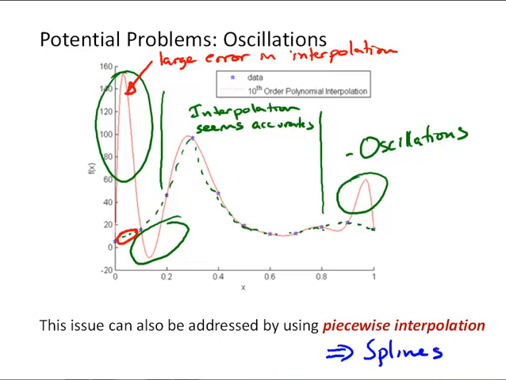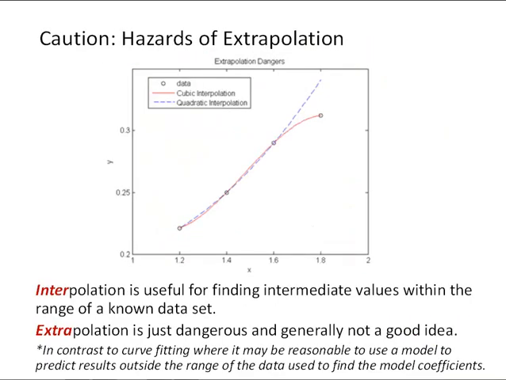The last thing I want to talk about is the hazards of extrapolation. So here are the same 4 data points that we had for the cubic interpolating polynomial earlier in this video. What I've done here is an interpolation on the first 3 data points with a quadratic.